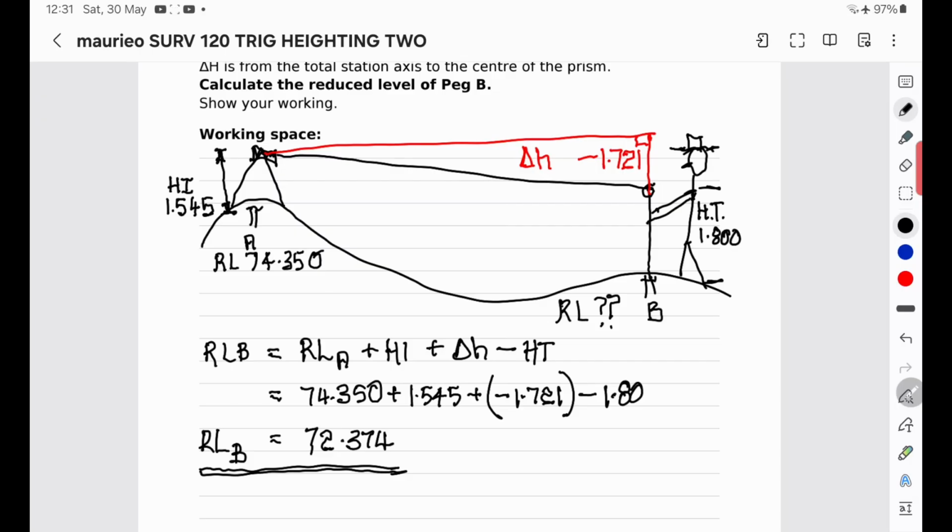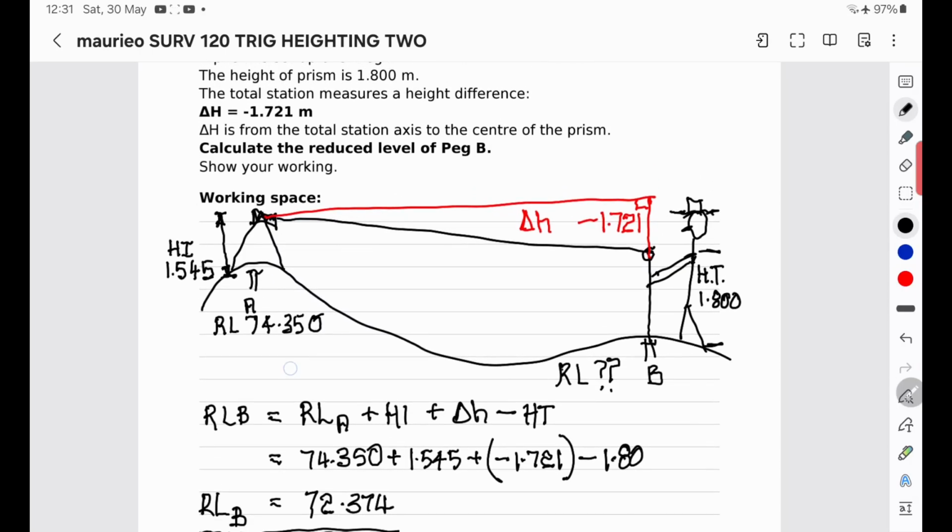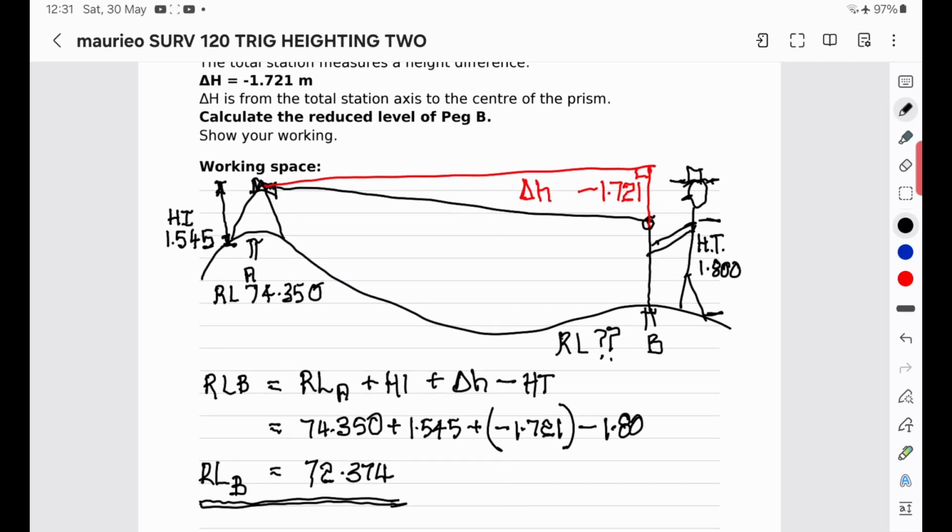Now, if we look at this in terms of a rise and fall sort of scenario, we can see how it works. So we start at A and we rise 1.545. That's the height of the instrument. Then that gives us a level, just there.